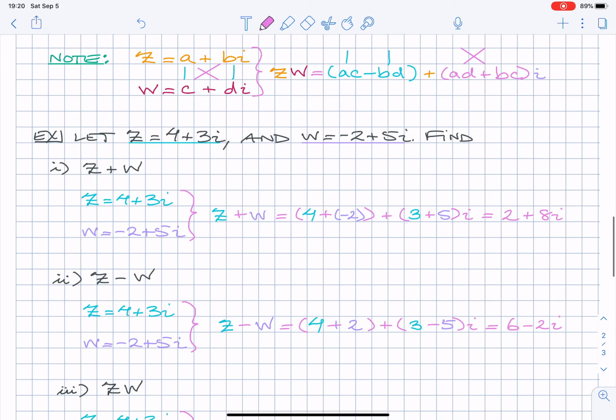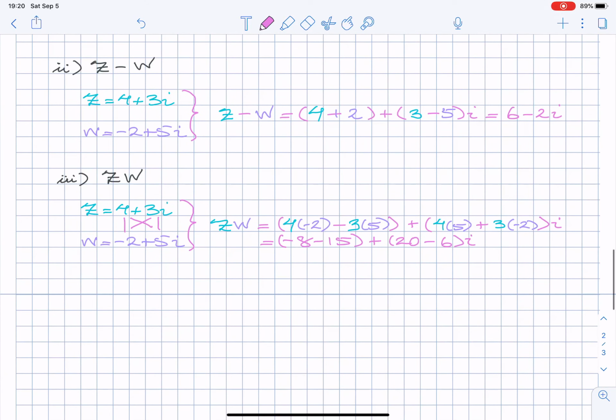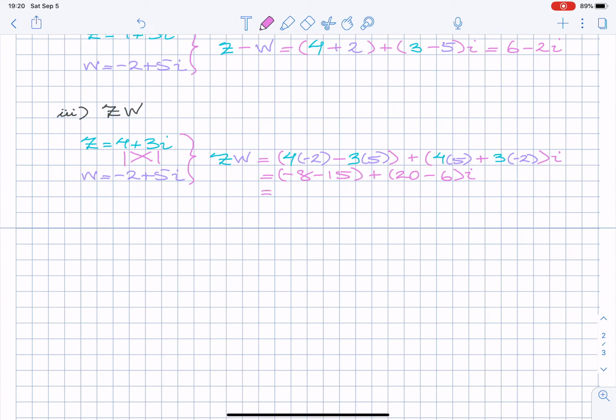Negative in the first component, positive in the second component, right? So hopefully we did this okay. So what do we get now? Negative 23 plus 14i. And would that work out? Negative 8 minus 15. Then 20 minus 6. Yeah, it does work out. Doing it the old-fashioned way. Okay.